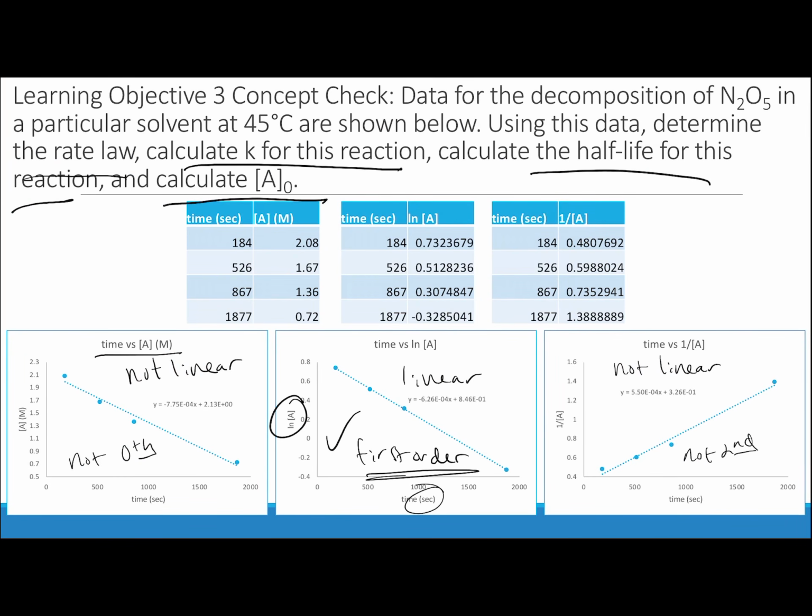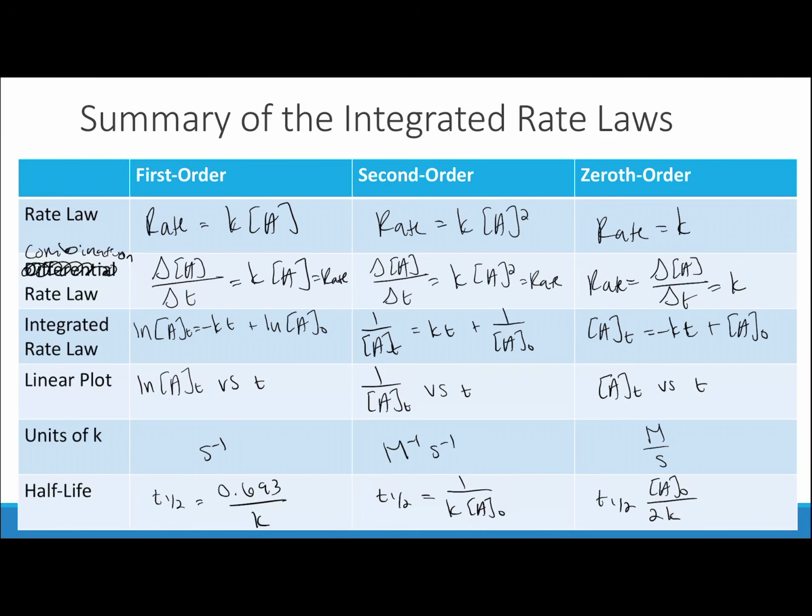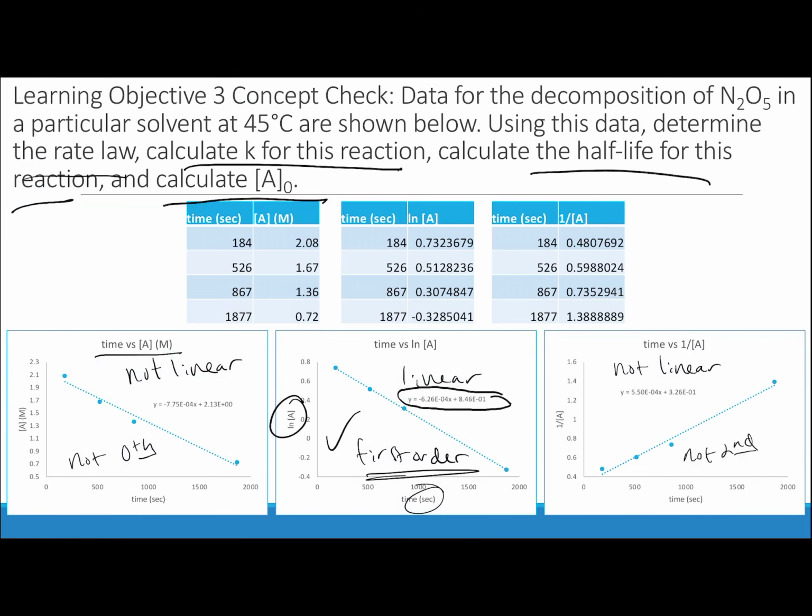Okay, so from this, we can then use this equation, which is our y equals mx plus b, to determine what our different values are. So our k, in the case of a first order process: slope is equal to negative k.